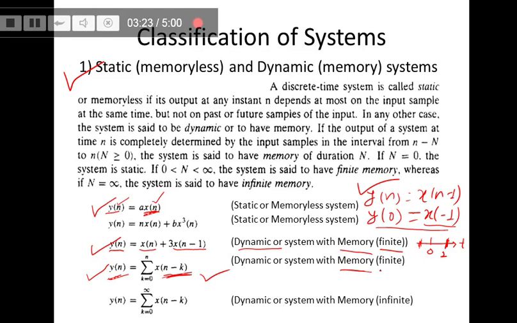Here also there are two things in the case of a memory system. One is the finite memory, and the other is the infinite memory. In a finite memory system, the input-output dependence is only for a finite number of past or previous values.